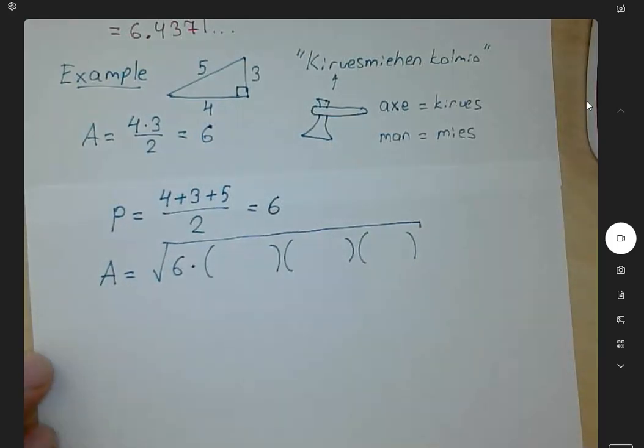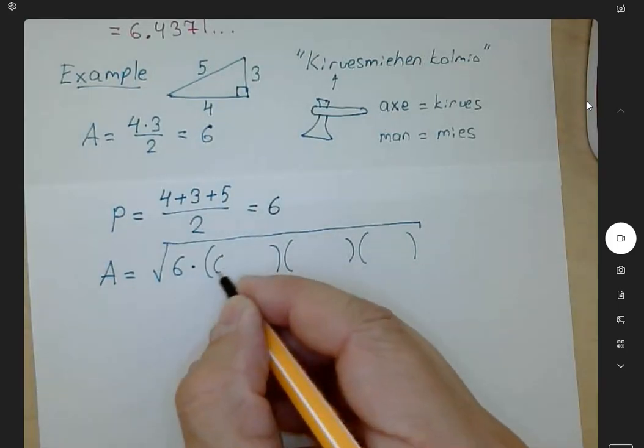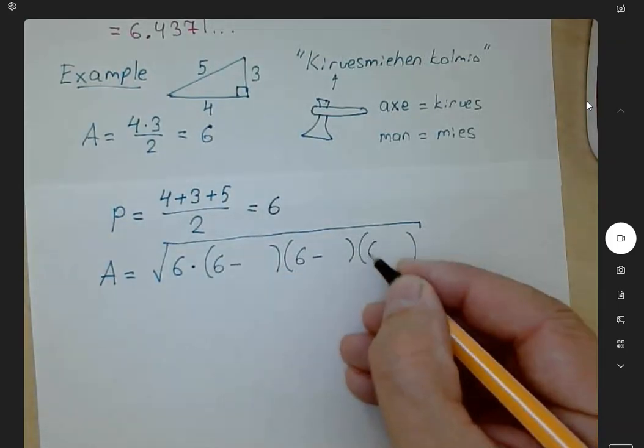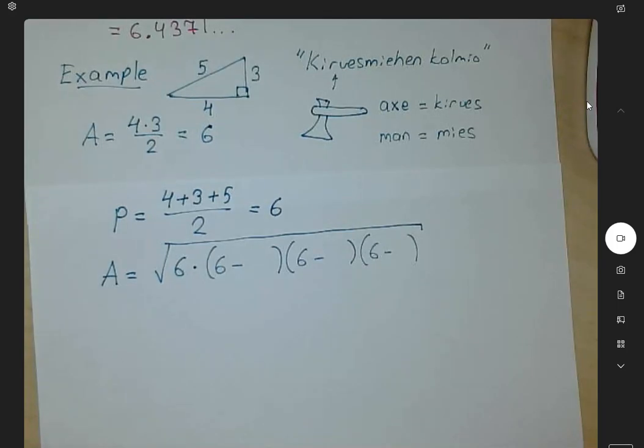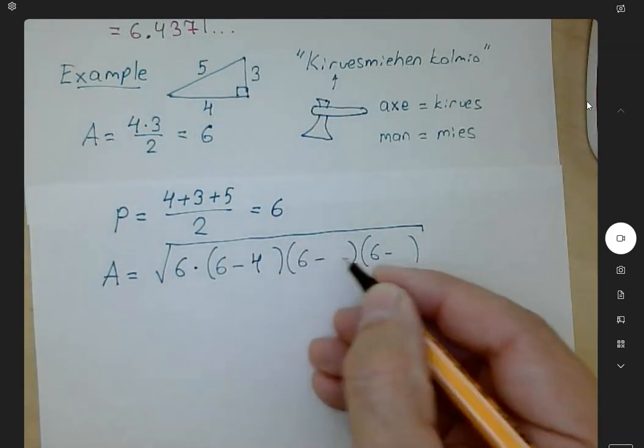I often write this in this mechanical way because it helps me remember the formula. So this 6 comes every time in 4 places in the formula, and then these 3 sides.